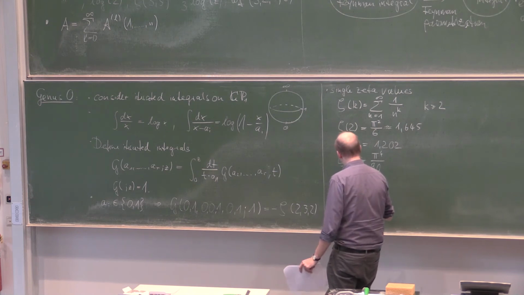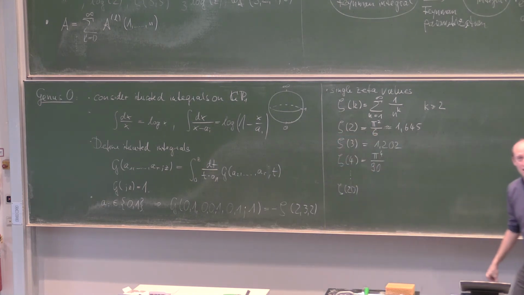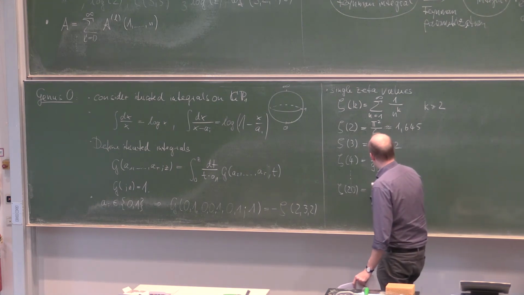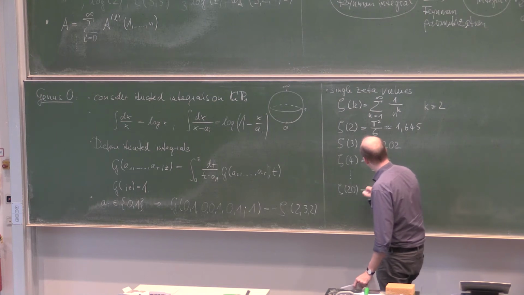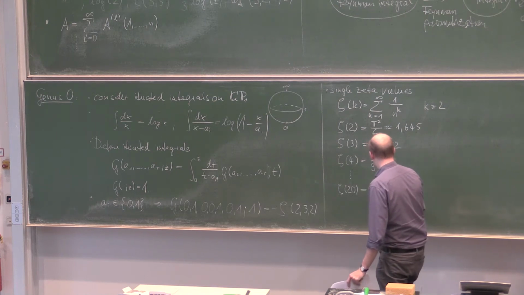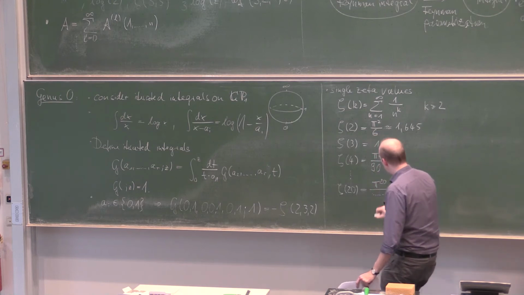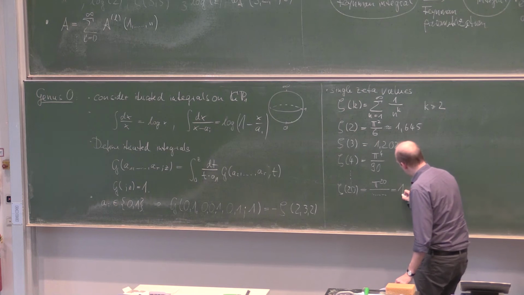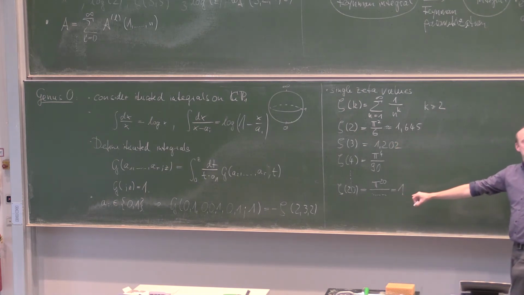And for the idea of it, zeta of 20 is proportional to pi to the 20. I don't know the precise number, I should have written it down. But the thing I want to get across is that it's basically 1.